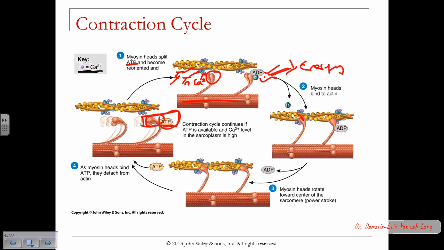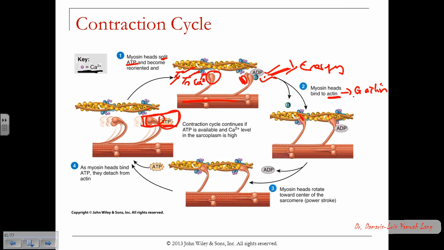Does that make sense? So when it splits the ATP to open it up and it forms ADP, it helps to orientate the head properly, and that energy is used to what? Attach to what? The actin, and the specific actin is what? G actin.